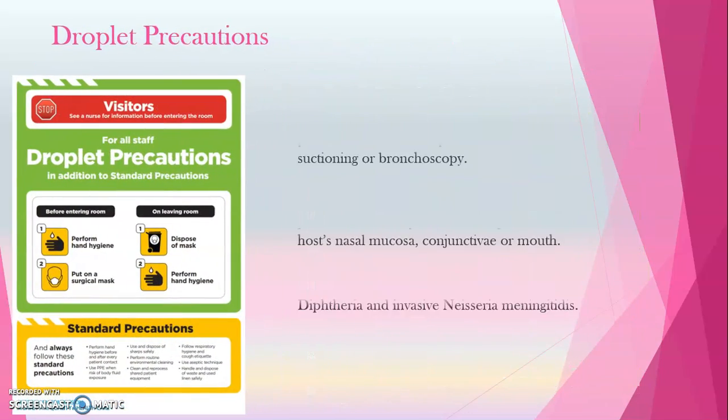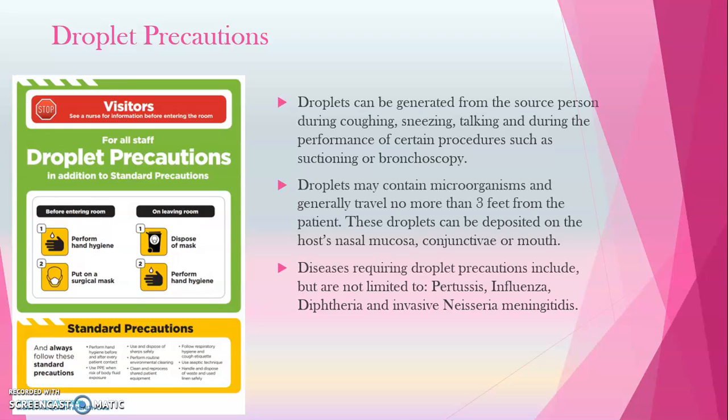Droplet precautions. Droplets can be generated from the source person during coughing, sneezing, talking, and during the performance of certain procedures such as suctioning or bronchoscopy. Droplets may contain microorganisms and generally travel no more than 3 feet from the patient.